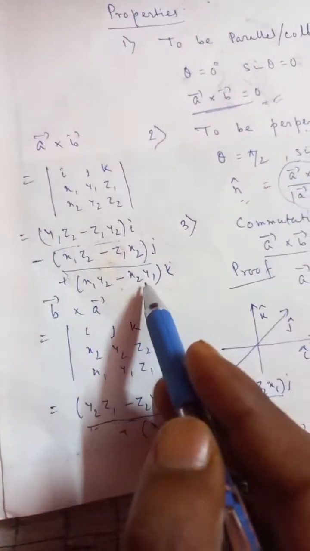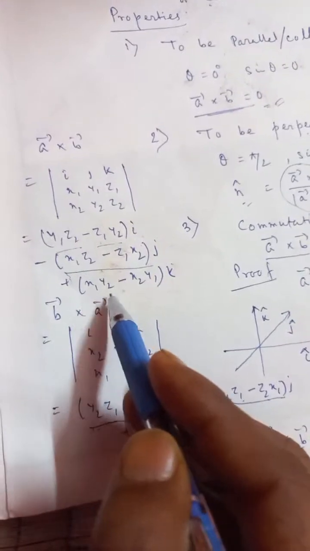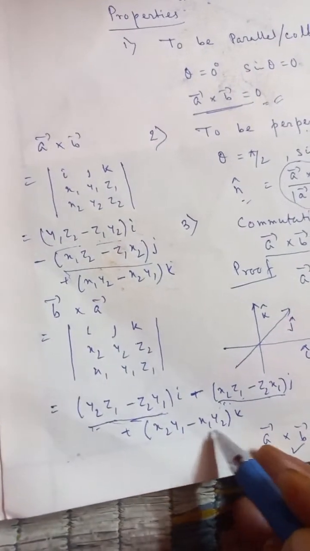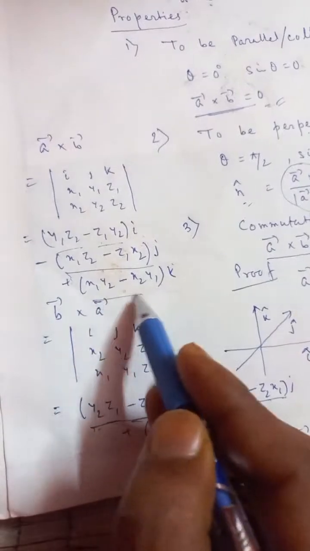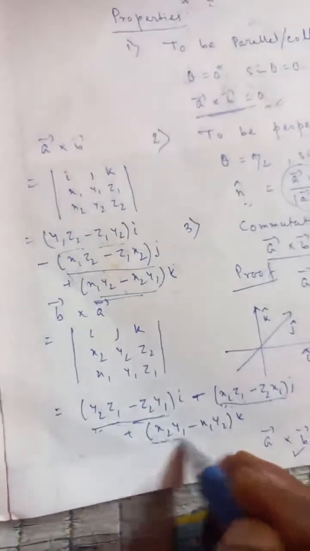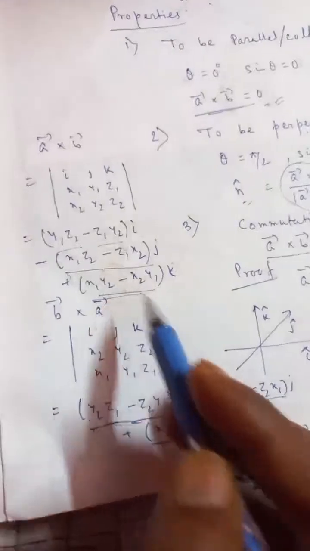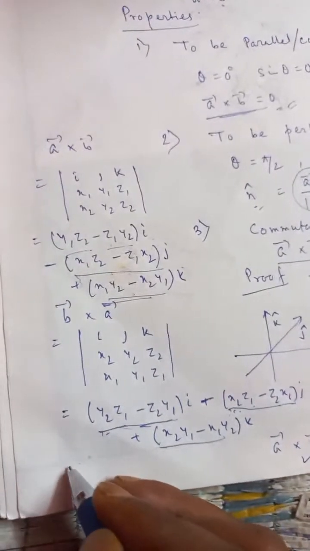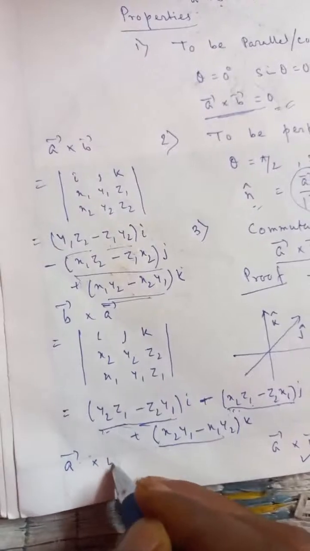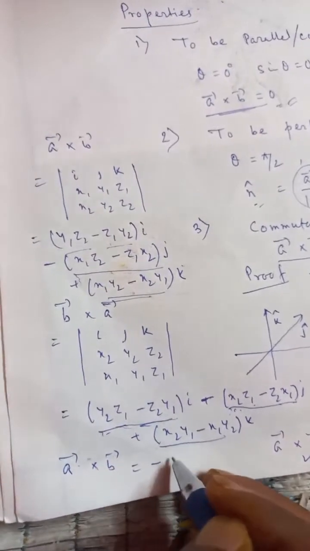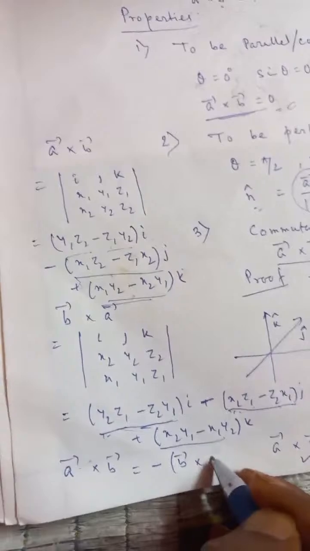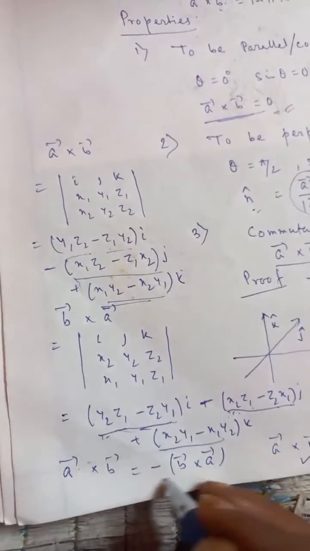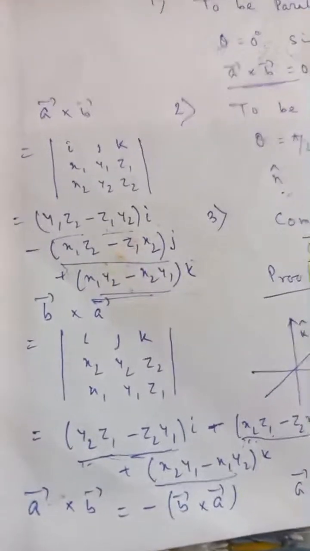And here for the k component, x2 y1 and x1 y2, again we have to take a negative sign to make both equal. So we can write that A vector cross B vector is equal to minus B vector cross A vector. So the commutative law does not hold in the case of the vector product, but in the case of the scalar product, the commutative law holds.